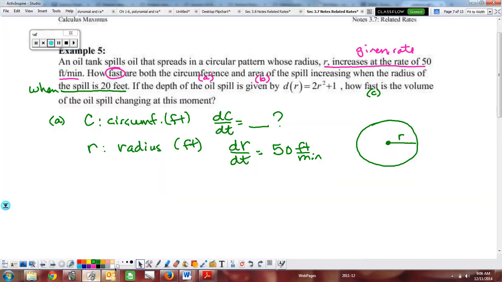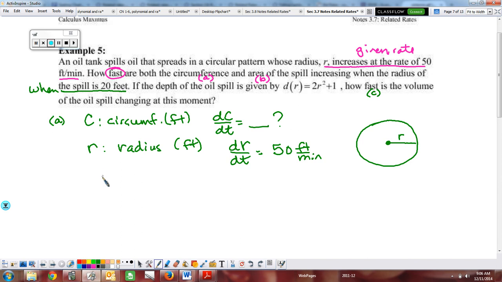Just a little visual to go with our problem. We'll notice I'm not putting 20 feet on here because this is getting larger. You visualize what's changing. As the radius gets larger, the circumference is changing, the area is changing, and so on. We only had one variable in this problem, so I'm pretty much ready to write my quantity formula.